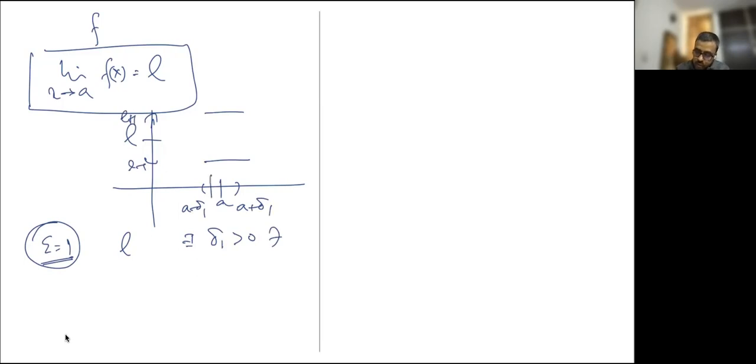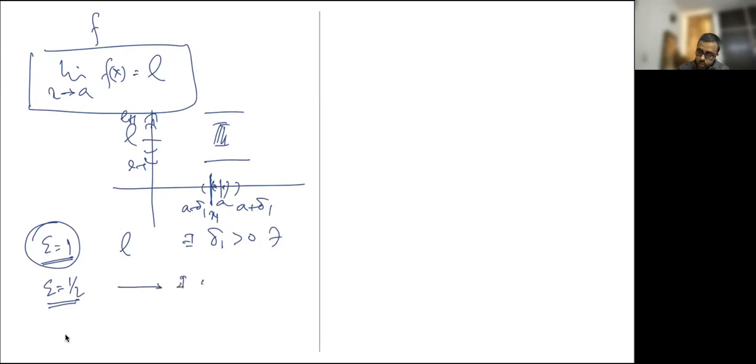So let's pick some point in that neighborhood other than a, and let's call it x1. Next, you take epsilon equal to half. So you get a slightly smaller neighborhood here, but for that neighborhood also, you will get a neighborhood of a, so let's say a minus delta 2 to a plus delta 2, so that whenever you stay in that neighborhood, you are now in this area.